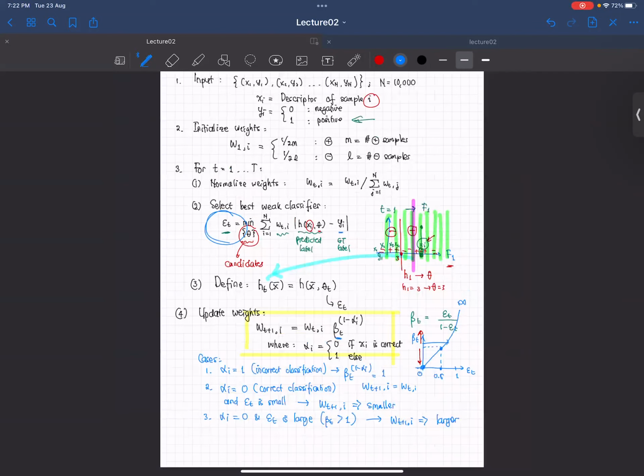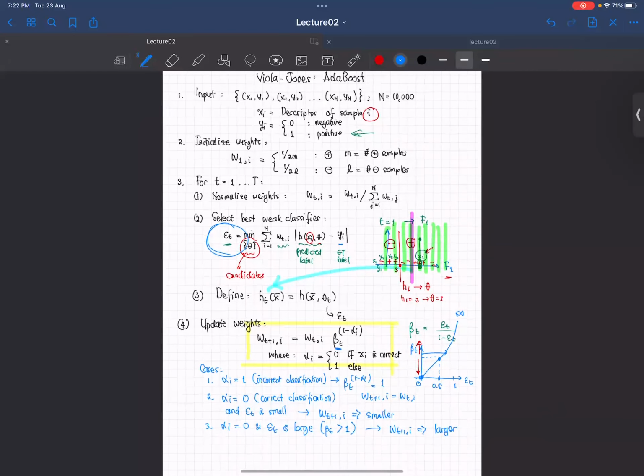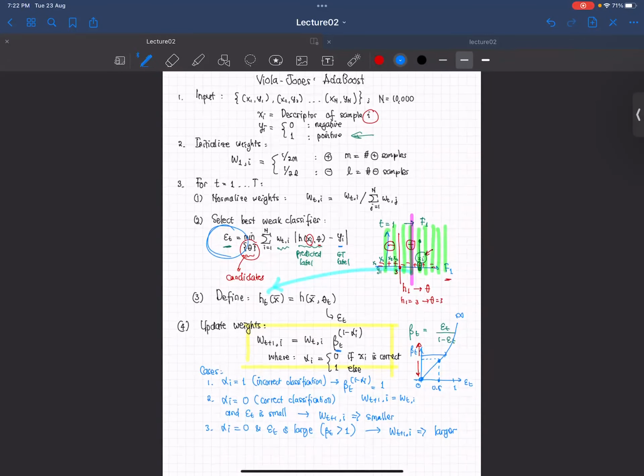Okay, so any questions so far? So this is what you do in the training process. In the training process, you keep this ideally for all the features, 160K features.